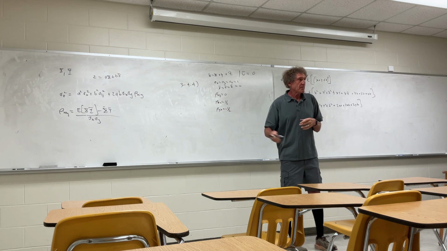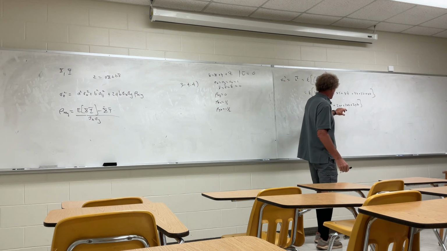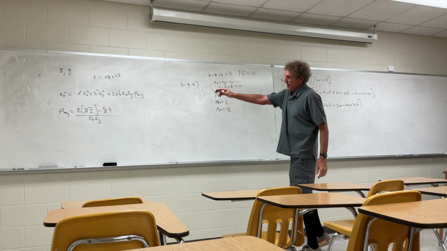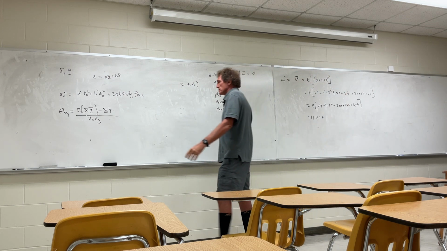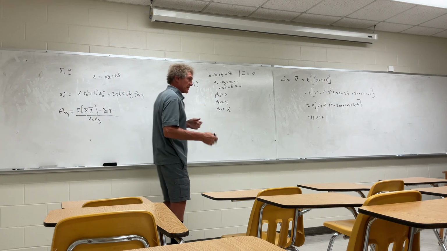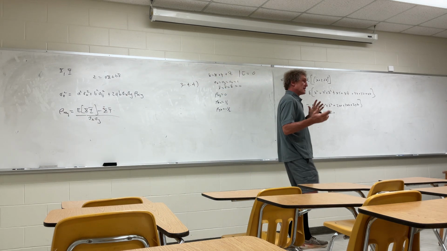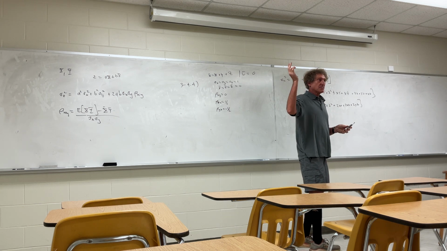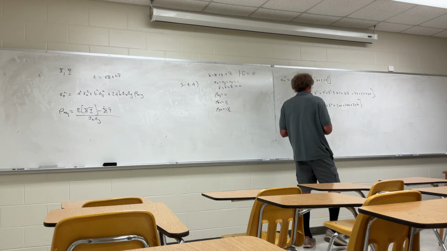So that means the expected value of 2XY is 0. That means the expected value of X times Y is 0. I know I'm moving a little fast, but how many understand what I'm doing right here? I'll slow down if I have any problem.